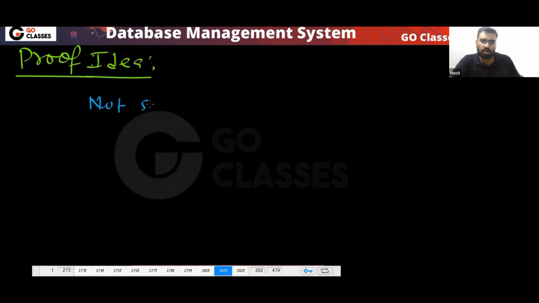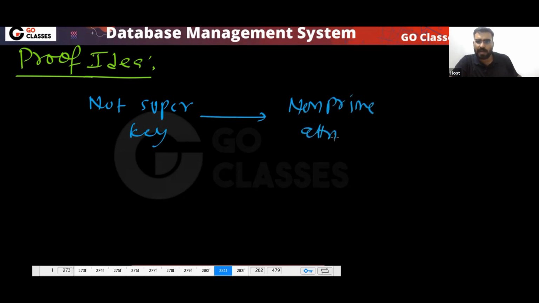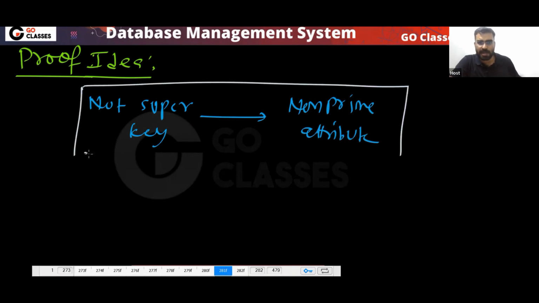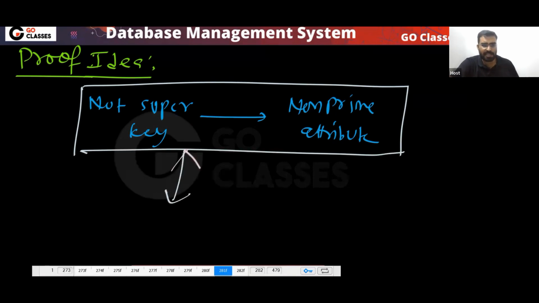So let me give you the proof. Because if this happens, then this will happen. The proof idea is this: if not a super key determines a non-prime attribute, then this will happen, and if this happens, then this will happen.